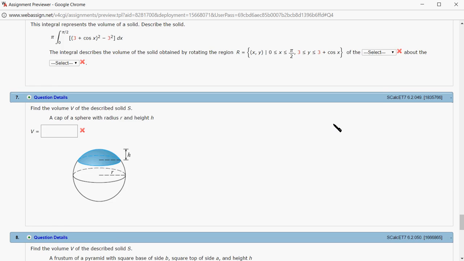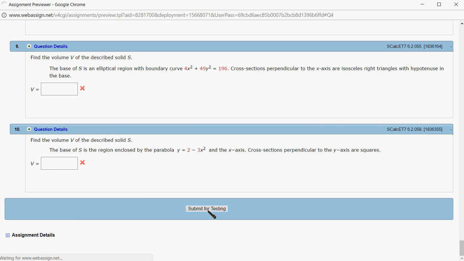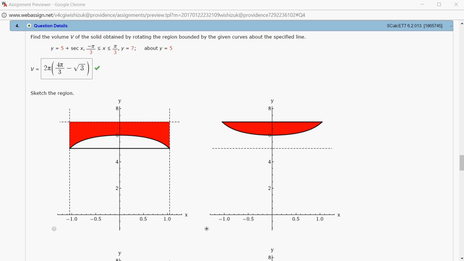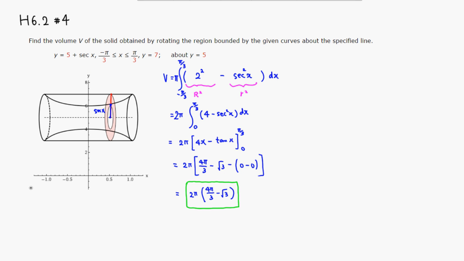Let's double check and submit for testing. I came back and it looks like we got this one correctly. That's it. I hope that this was clear.